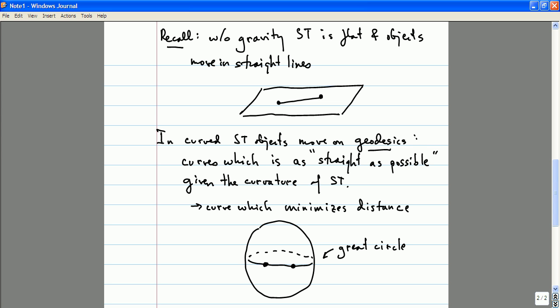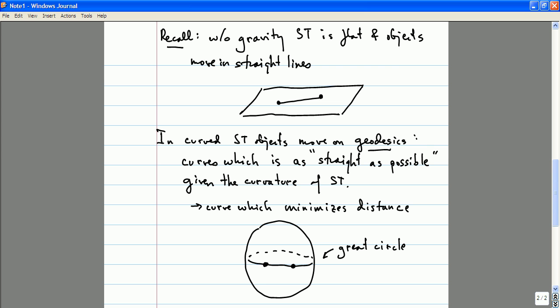Put it another way, if you want to travel on the equator of the Earth, the shortest distance between 2 points is following the line of constant latitude, longitude. I never quite remember which one it is. It's the one where you stay on the equator to get between those 2 points. Whereas likewise, if you want to get between Montreal and London, say, you don't stay on a curve of constant latitude or longitude or whatever it is.